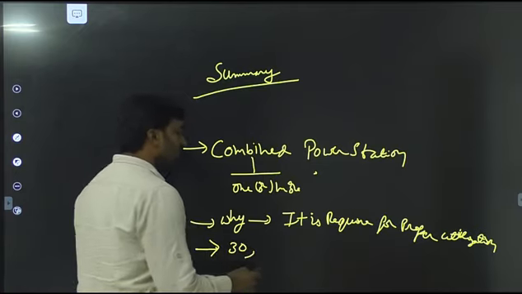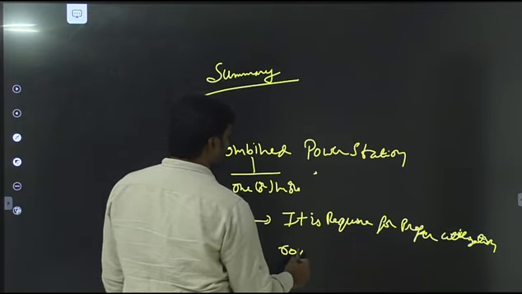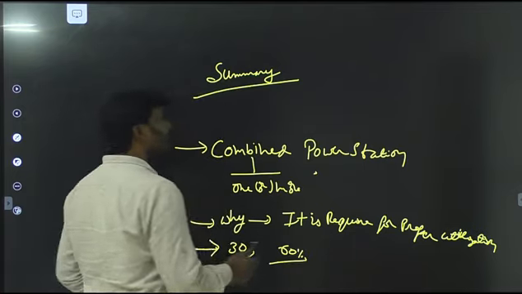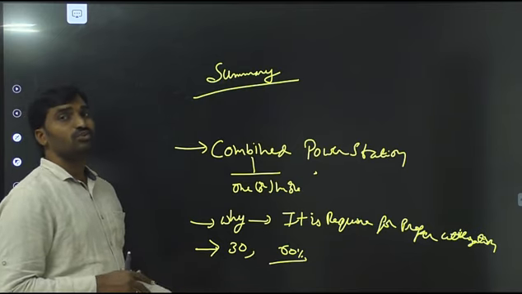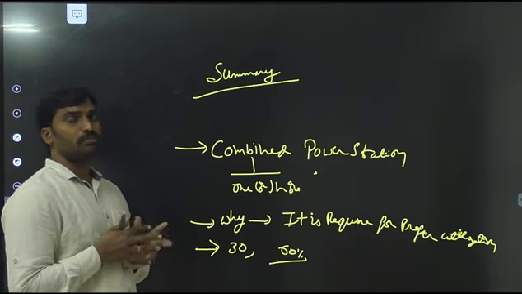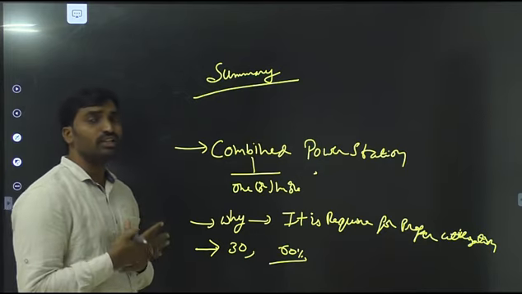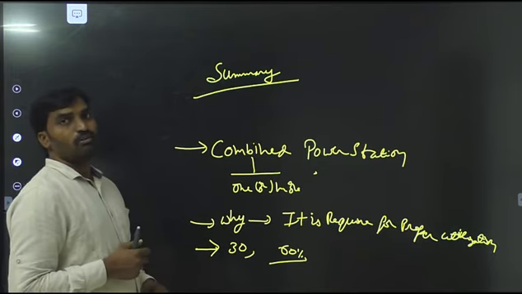If you consider the combined state, you will get 60% efficiency. That means it doubles the efficiency. So combined power plants are very useful to double the efficiency of the power stations utilizing fuels. So these are the reasons we are using combined power plants.